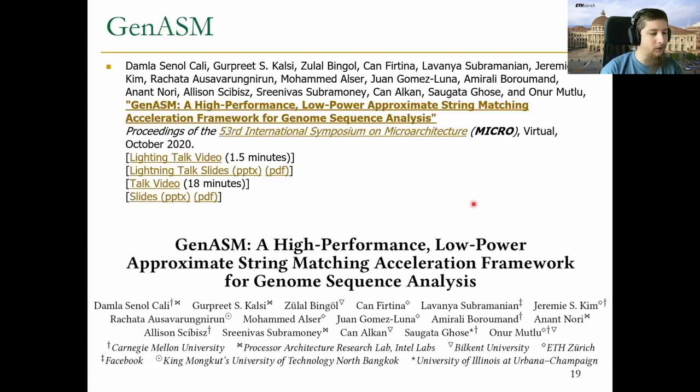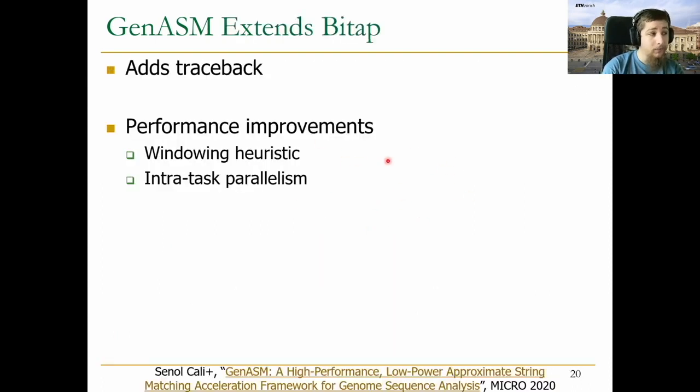So here we come to the GenASM work, led by my master thesis advisor, Damla. They proposed GenASM, and among other things, they hardware accelerated BitAP, but they also algorithmically extended the BitAP algorithm so that it has traceback, and they did some kind of performance improvement.